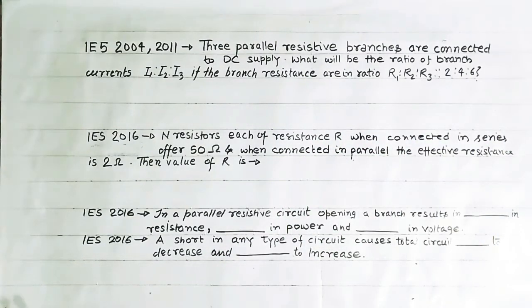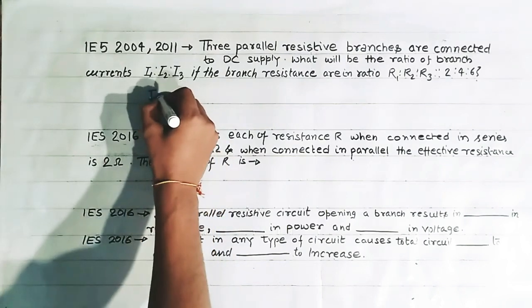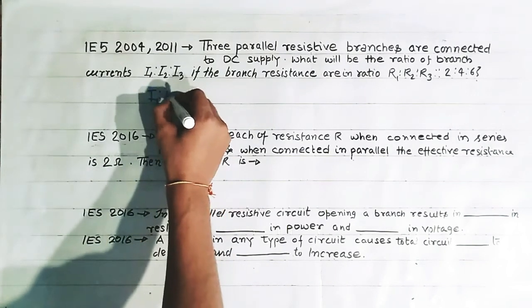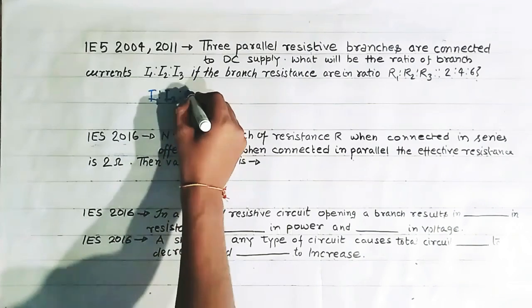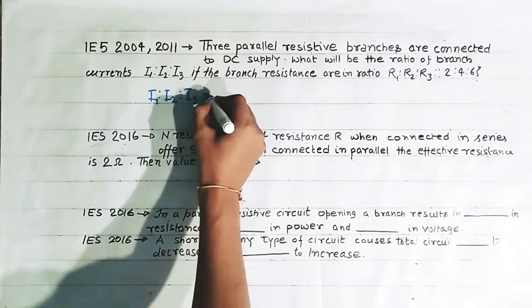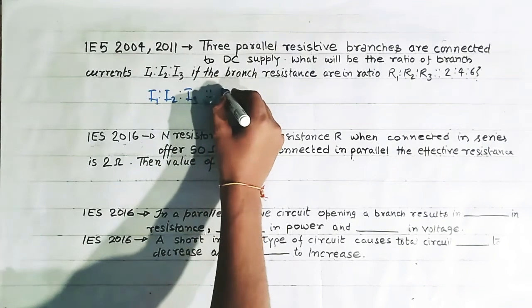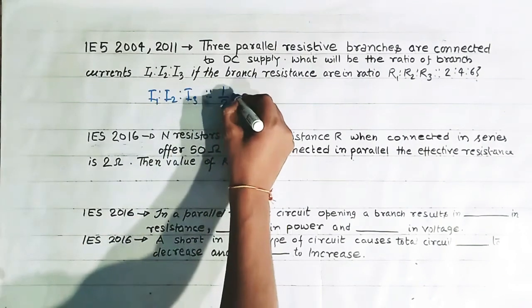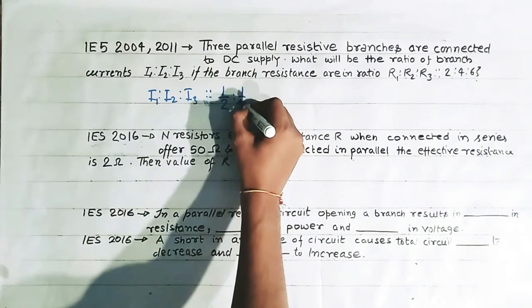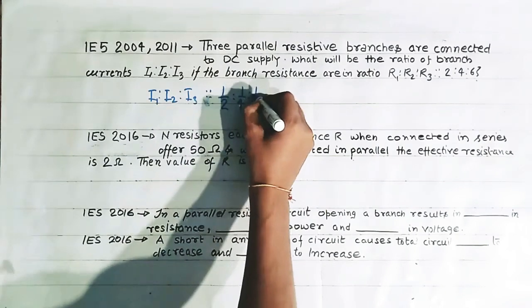This is a very easy question. We know that currents in parallel branches are in inverse ratio of resistance. So I1 ratio I2 ratio I3 will be equal to the inverse ratio of resistance, that is 1 upon 2 ratio 1 upon 4 ratio 1 upon 6.